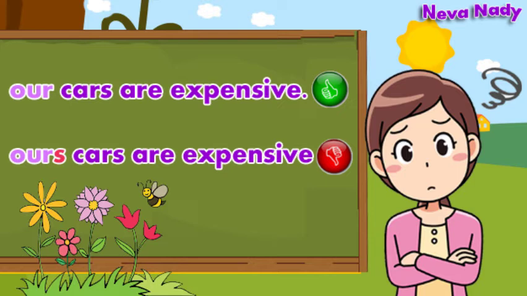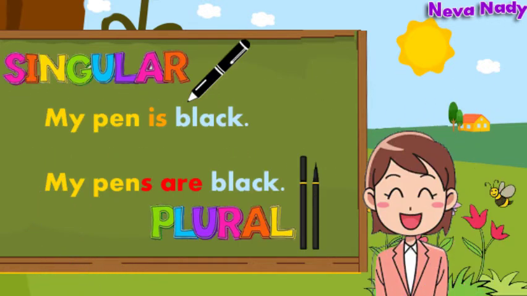But ours cars are expensive. This is incorrect. The verb that is used needs to be in agreement with the noun. If the noun is singular, then the verb is singular. If the noun is plural, then the verb is plural. For example, my pen is black.